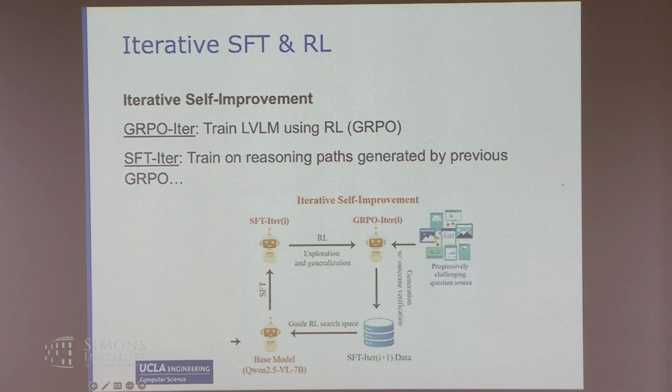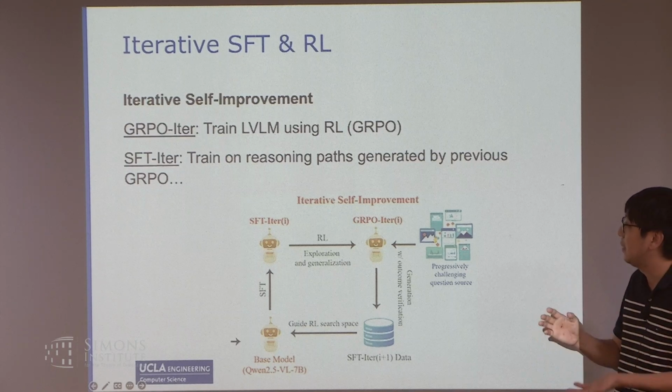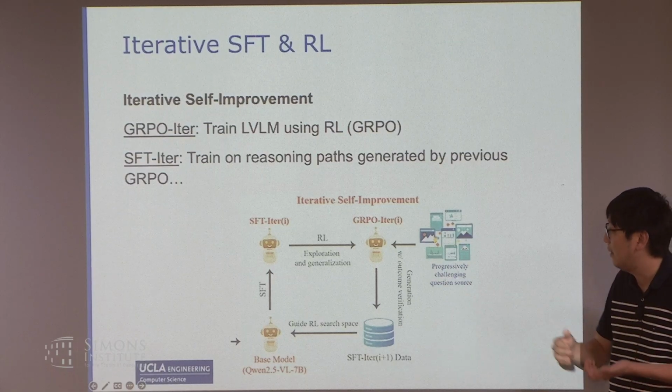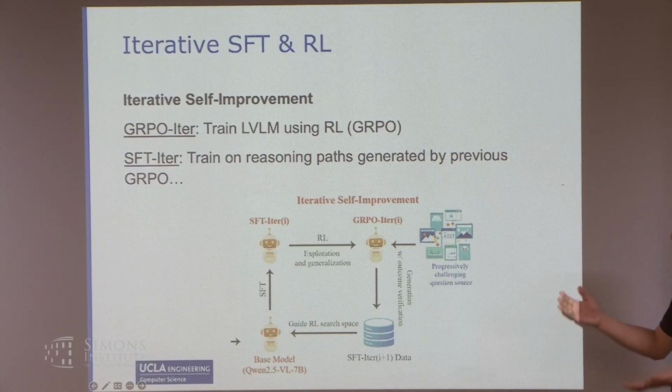So what we find can work is that you need to alternate between training the model to follow this reasoning path and doing some IL training itself.